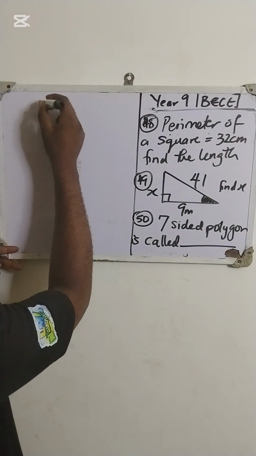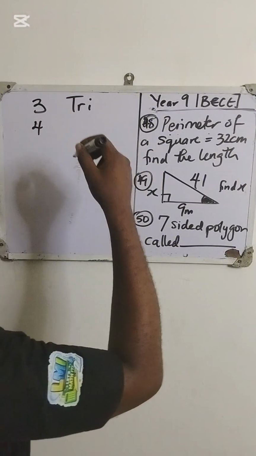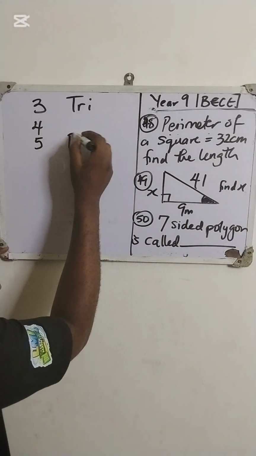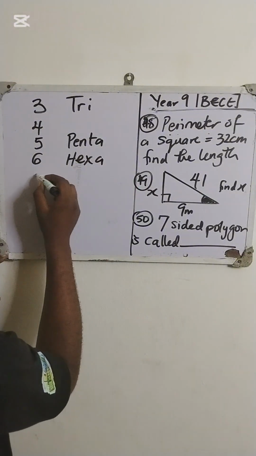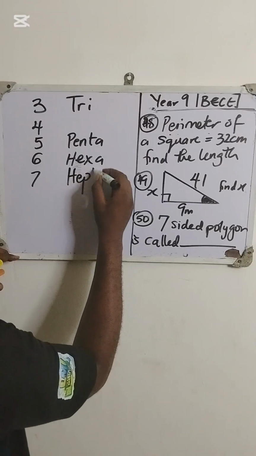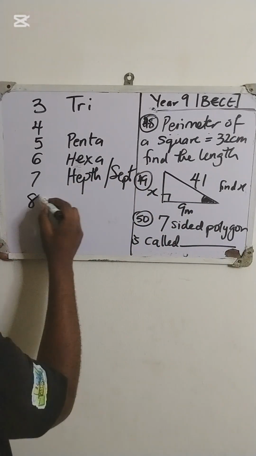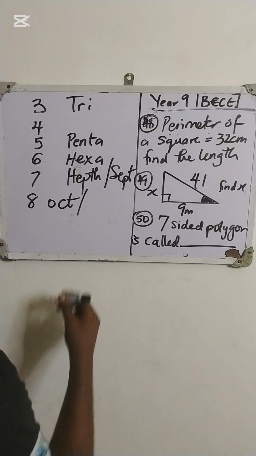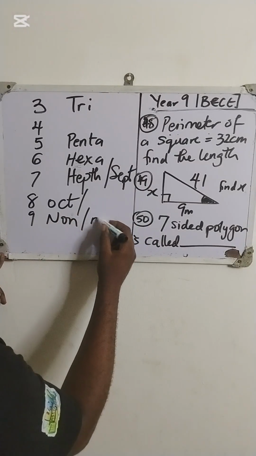All right, so we have 3 sides, we have triangle. Of course, we have 4 sides, square, quadrilaterals there. We have 5 sides, penta. 6 sides, hexa. 7 sides, hepta, or sept, like in September. 8 sides, oct. You should know octagon, October. 9, non, November, nonagon.